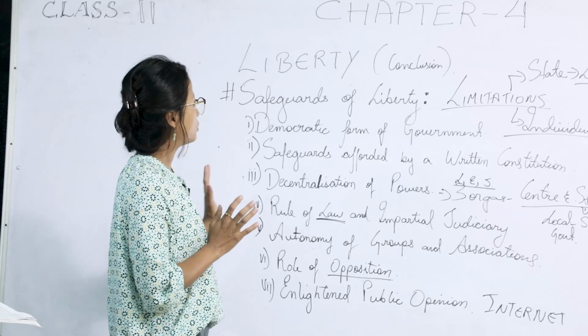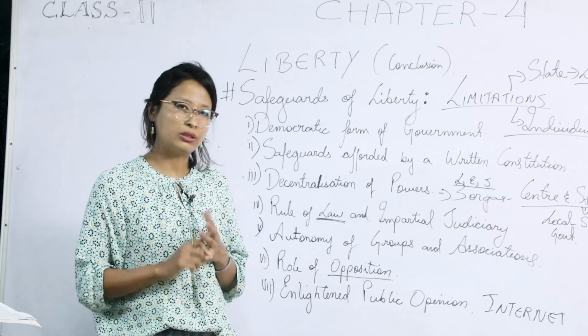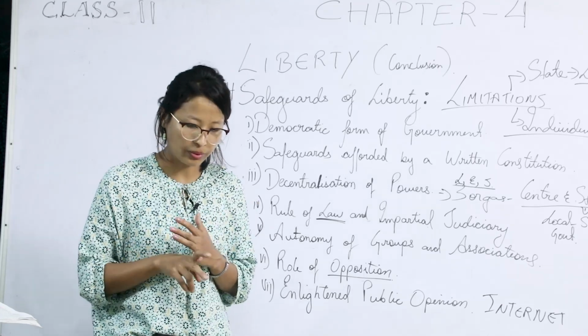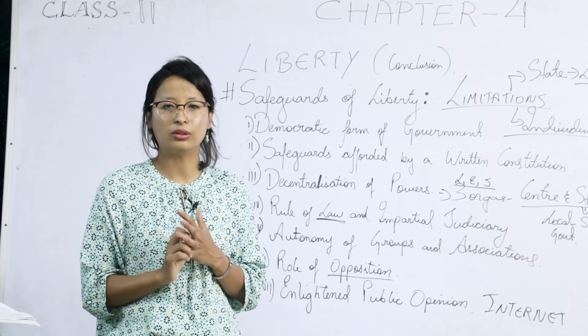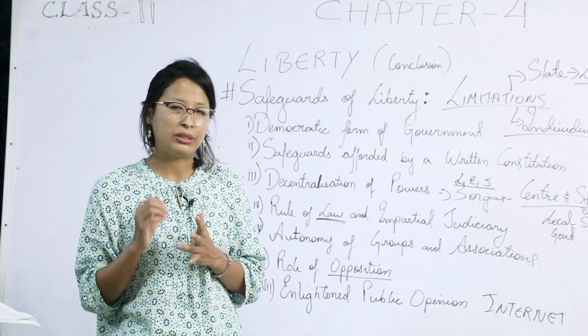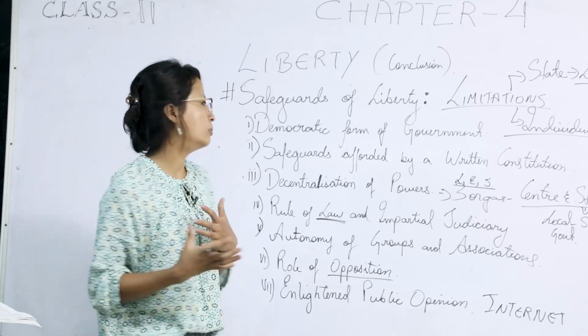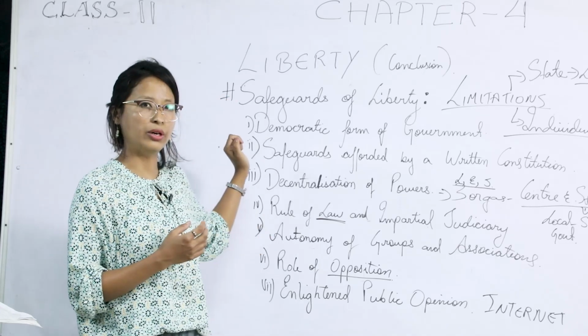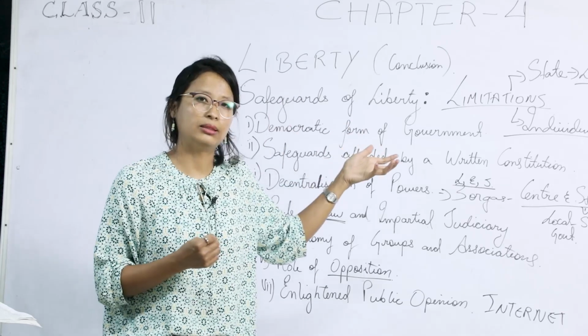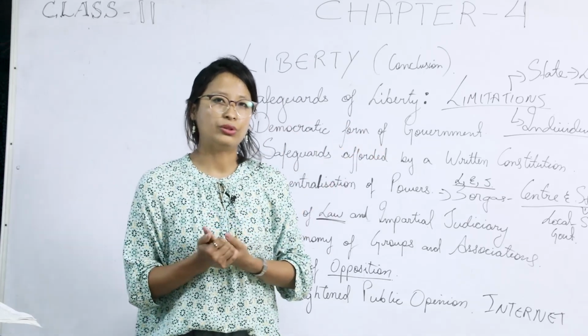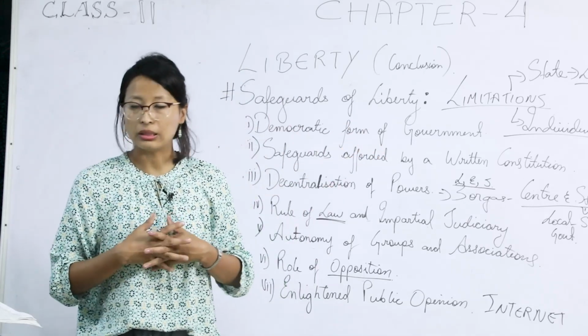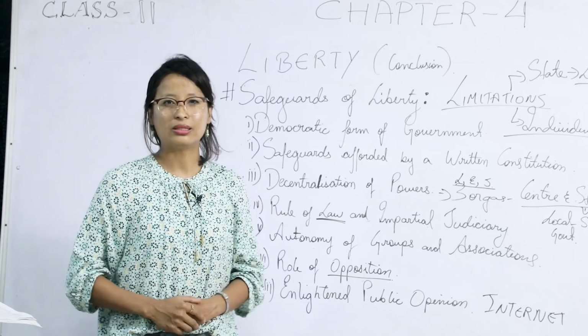In this topic, liberty, we have discussed the meaning, the two concepts of liberty, the positive concept and the negative concept, the different kinds of liberty, how we safeguard this liberty, and lastly the limitation to individual liberty. With this, we'll end this unit as well as this session.